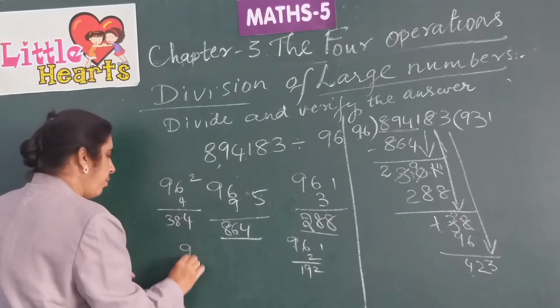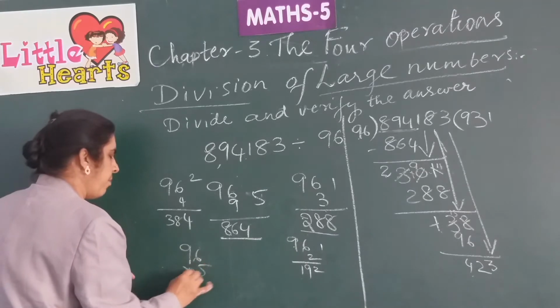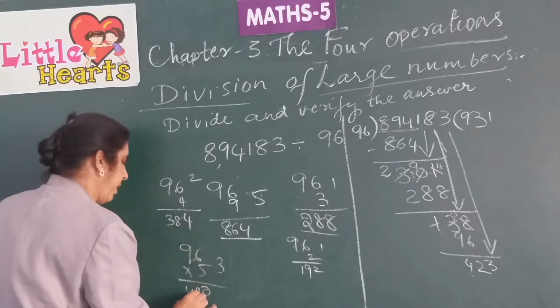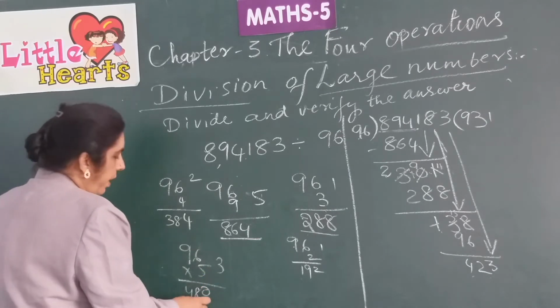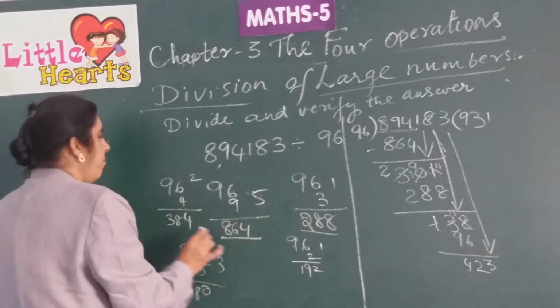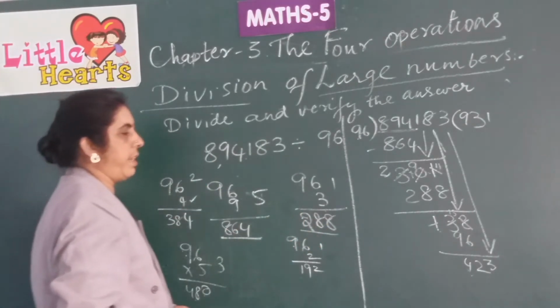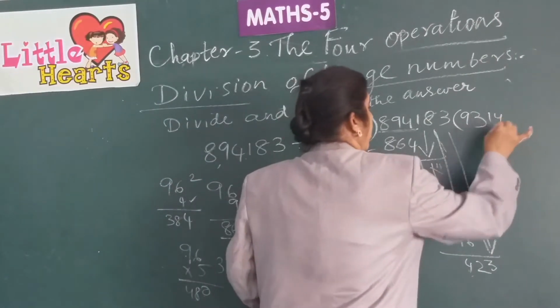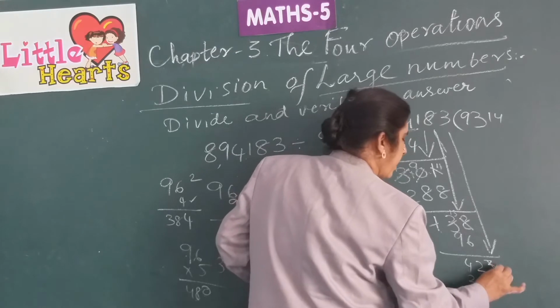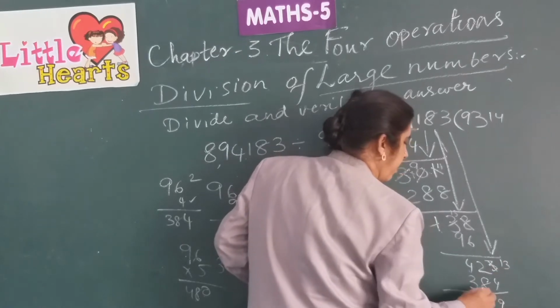If you have any doubt, we can go with 96 5s. 5 6s are 30, 5 9s are 45 plus 3 is 480. So 480 is greater than 423. So we should go with 96 4s, which is 384. 13 minus 4 is 9.